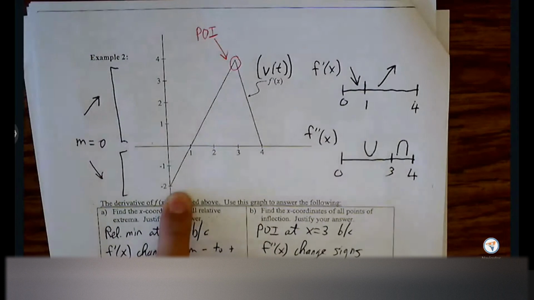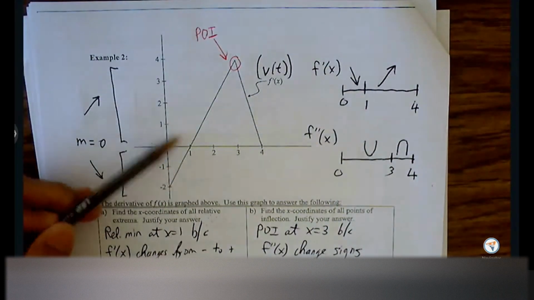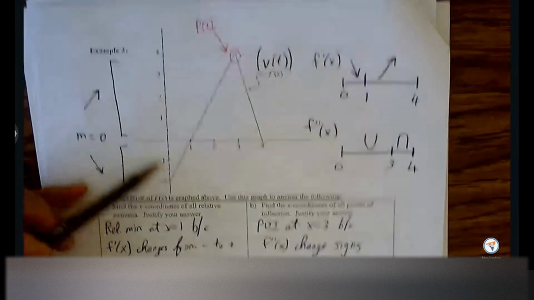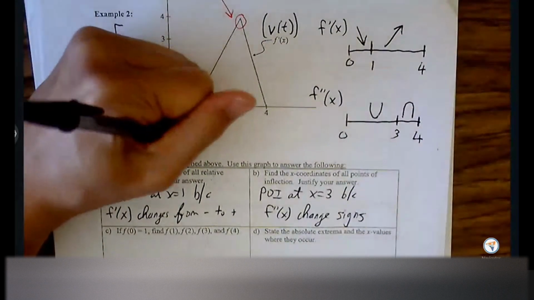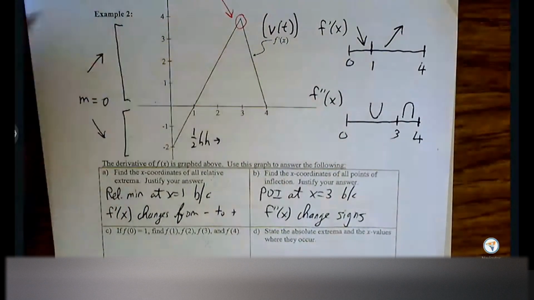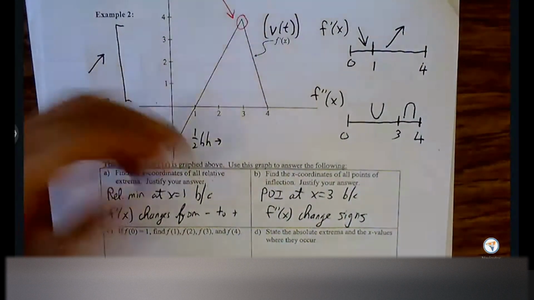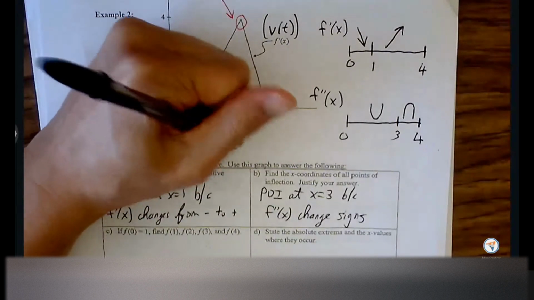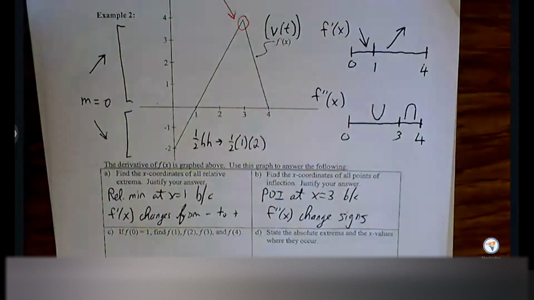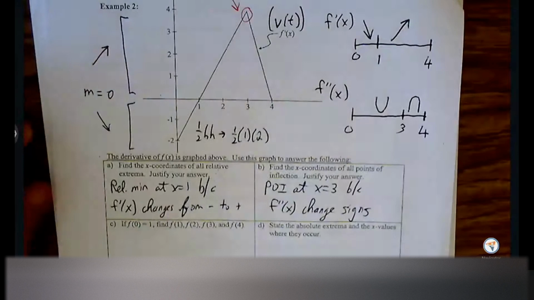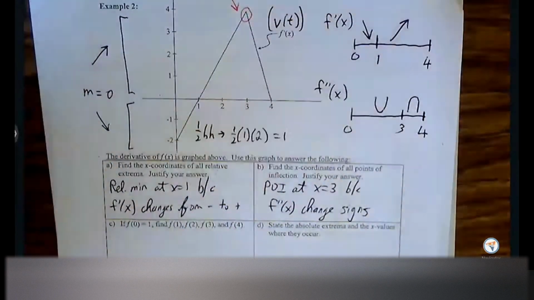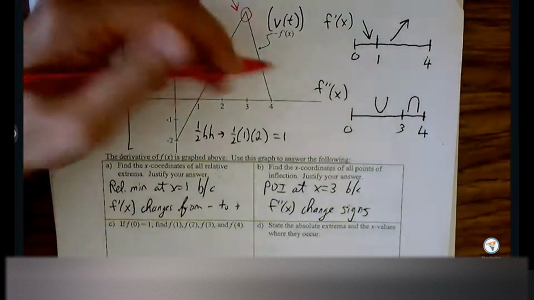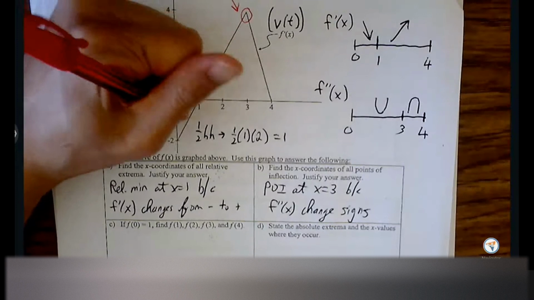Okay, so first off, I'm going to start with this triangle, right? 1/2 base times height. Base is 1, height is 2. 1/2 times 1 times 2 gives me 1, but it's below the x-axis, so I'm going to put -1.